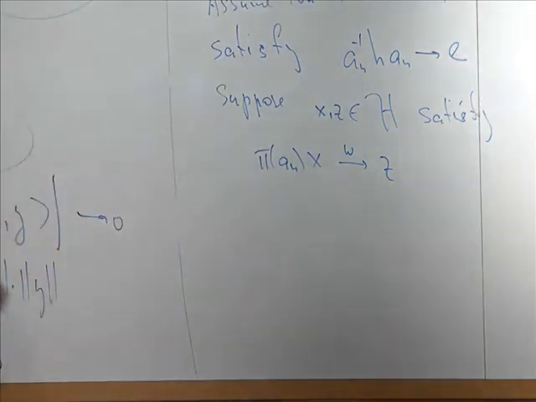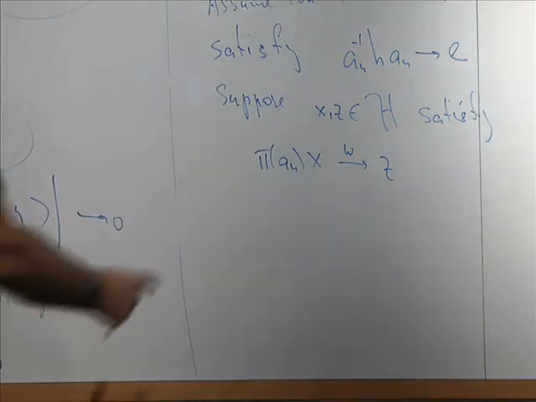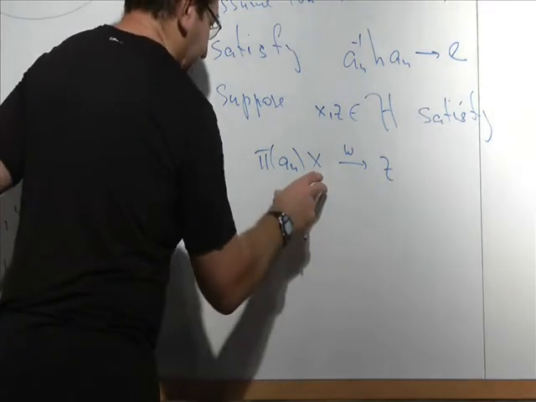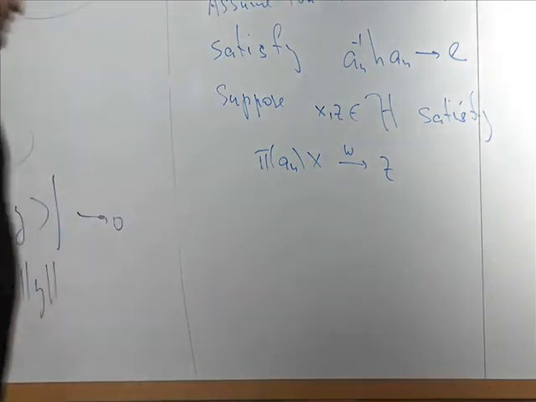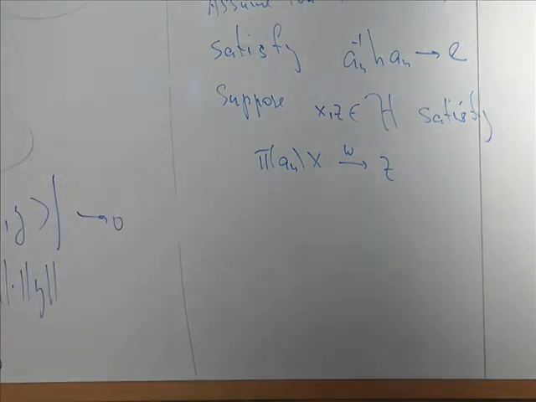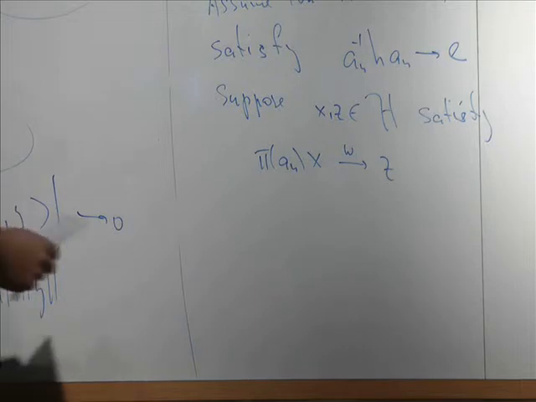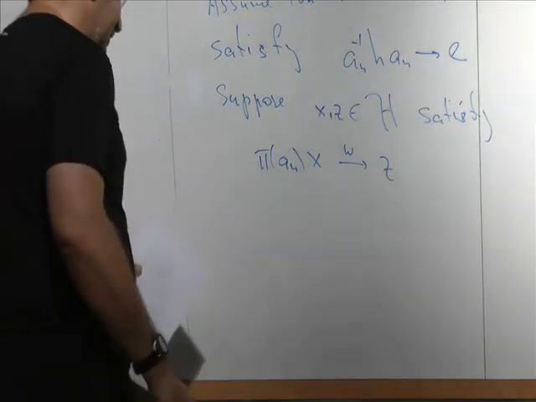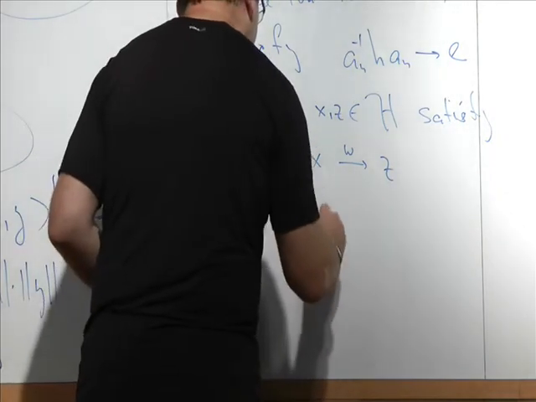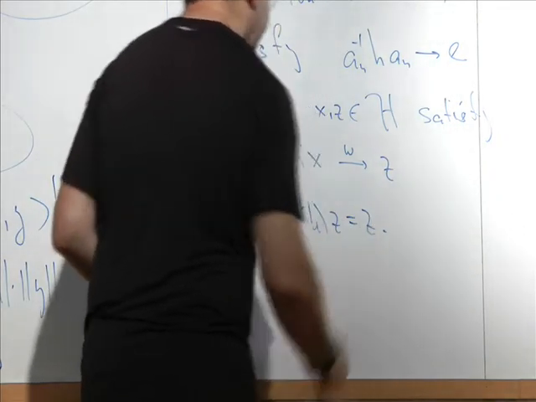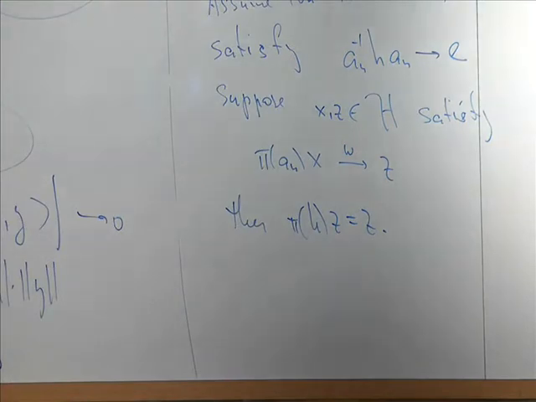Now, weakly means that the inner product with any other vector y of this converges to the inner product with z. So there's this weak convergence. So suppose that this converges weakly, then z is fixed by h. Okay, that's the thing.